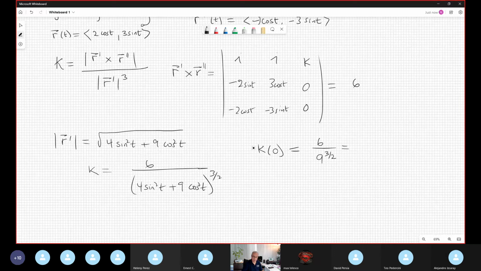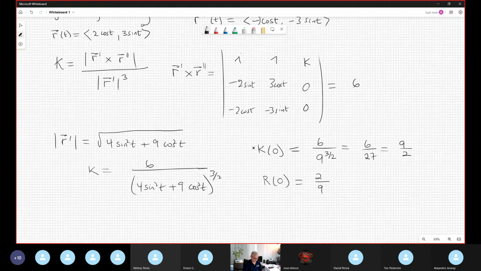The square root of 9 is 3, and 3 to the third power is 27, so 6 over 27. Reducing to lowest terms, it is 2 over 9. That's the curvature. And the radius of curvature at 0 is the reciprocal, 9 over 2.